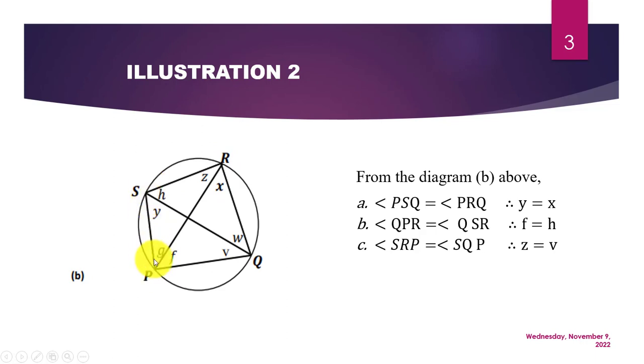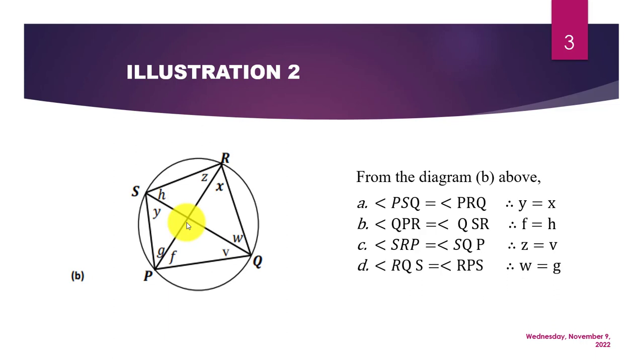And angle SQP is also located here, which is subtended by the same chord SP. So by this theorem, we say that angle SRP is equal to angle SQP. Therefore, angle Z is equal to angle V.